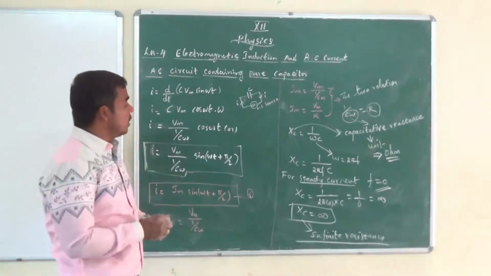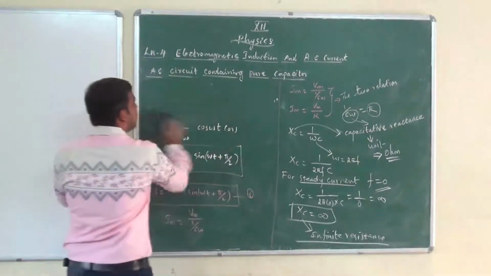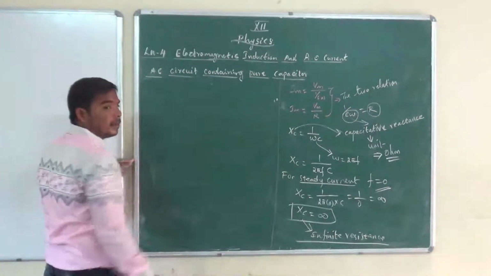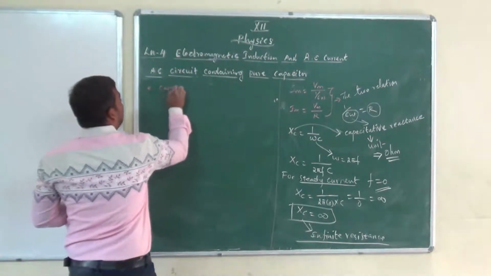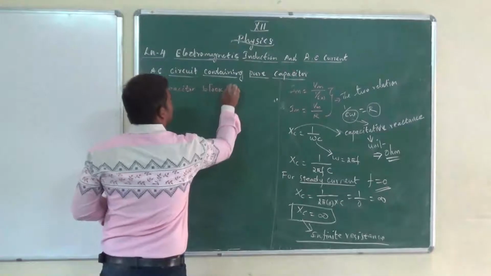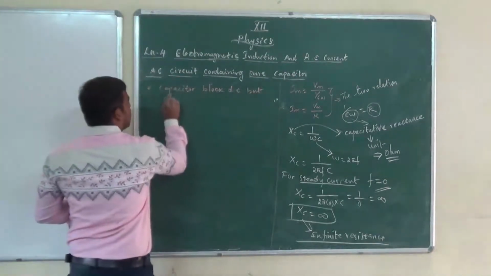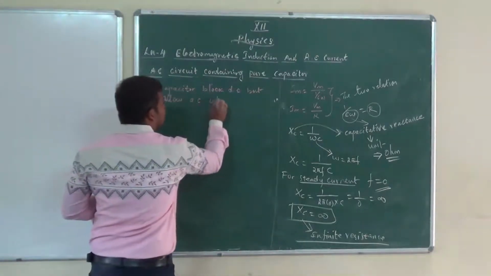And one more important question. The inductor blocks AC but allows DC, but the capacitor blocks DC but allows AC.